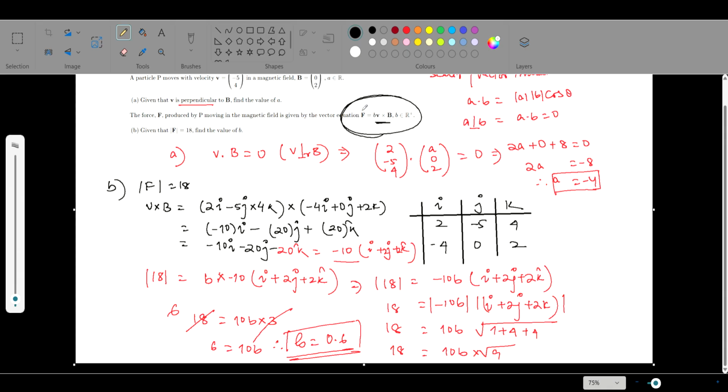So we cross it, and then just multiply that with the given answer. All right.